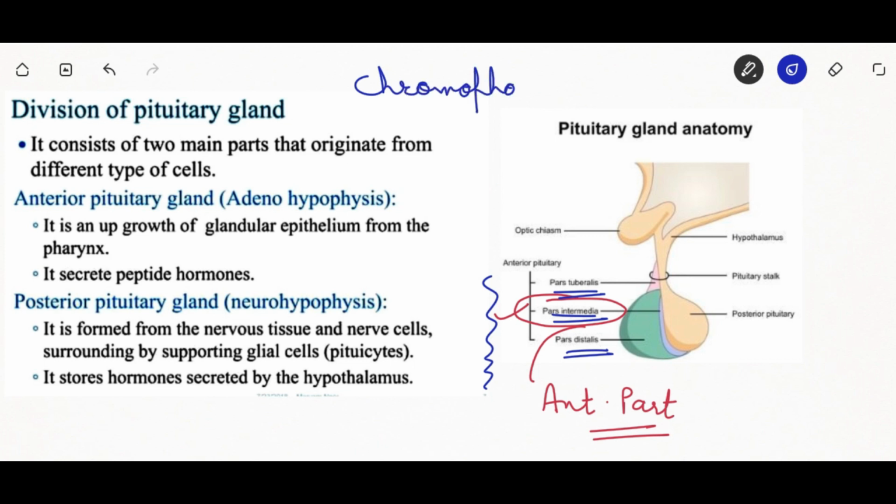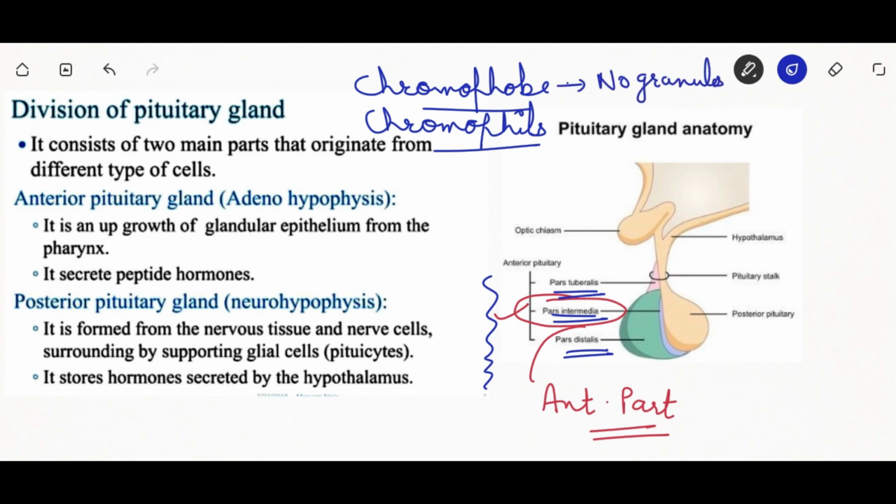One are the chromophobe cells, other are the chromophil cells. The chromophobe cells do not possess any granules and will stain poorly. These cells are 50% of the total cells in the anterior pituitary, whereas the chromophil cells contain large number of granules and are darkly stained.